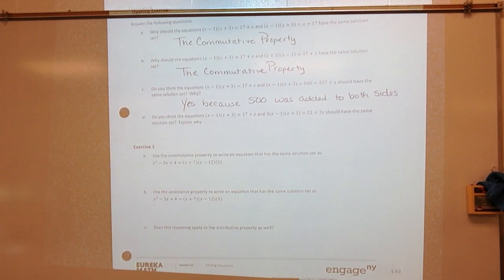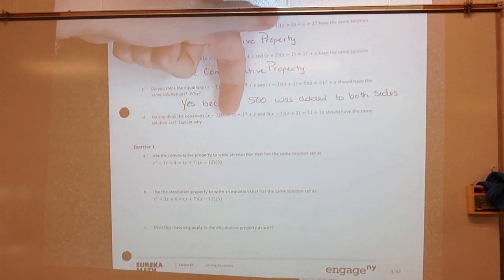Do you think the equation (x − 1)(x + 3) = 17 + x, and 3(x − 1)(x + 3) = 51 + 3x should have the same solution set, and explain why? Well, what did I do on this side?